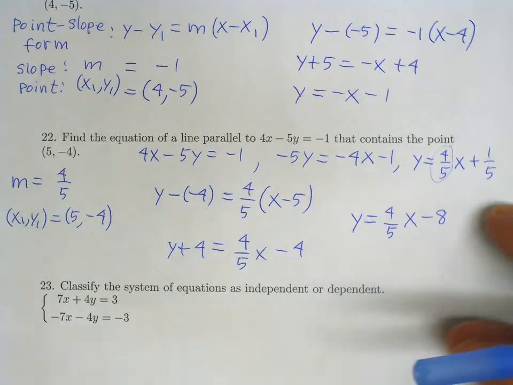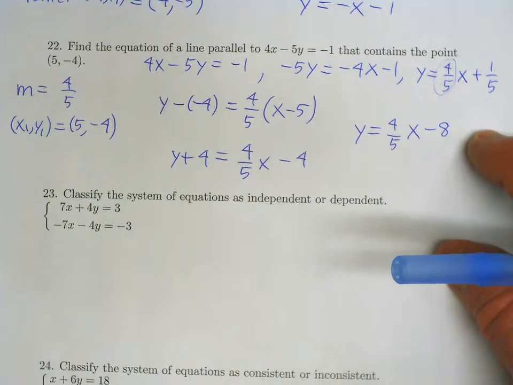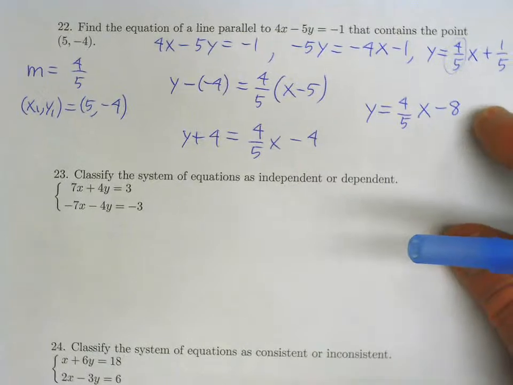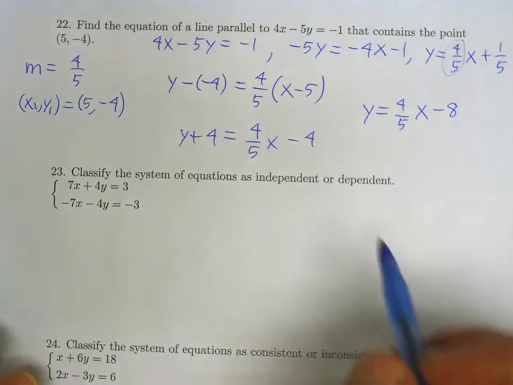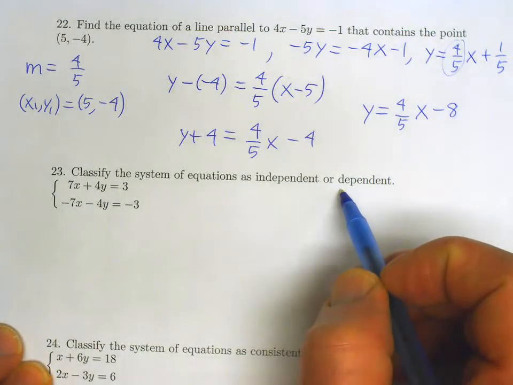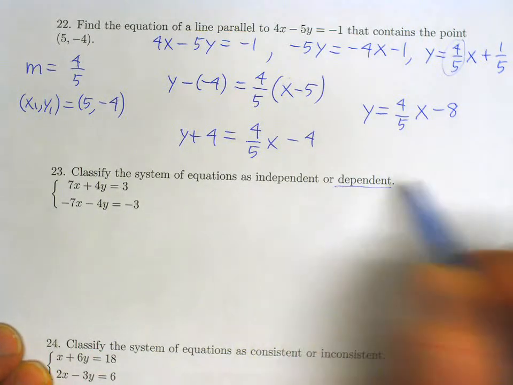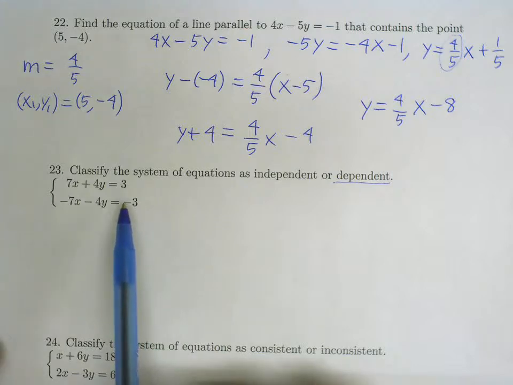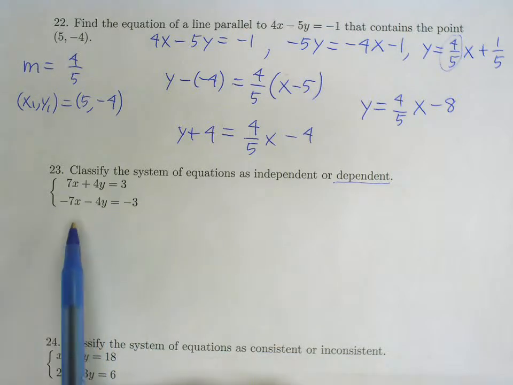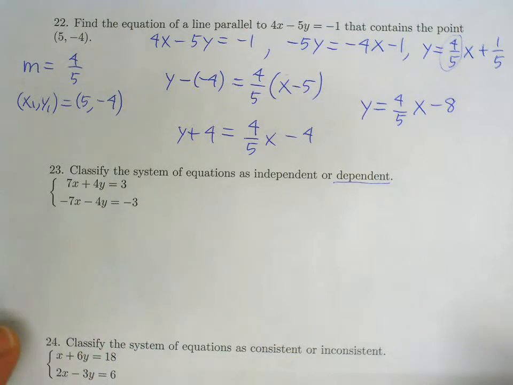Okay, the next problem, number 23, classify the system of equations as independent or dependent. A system of two linear equations is dependent if the two lines are exactly the same line. And you can pretty much tell by looking that the two lines are the same.